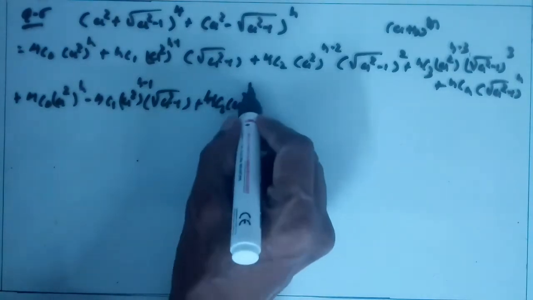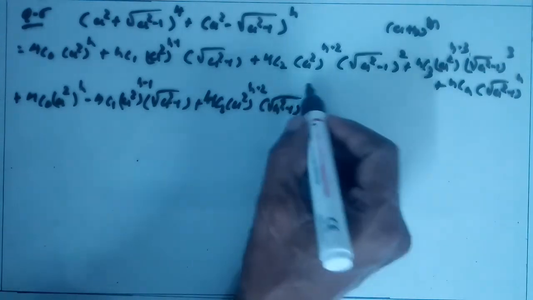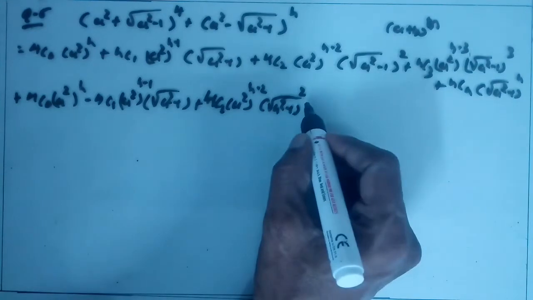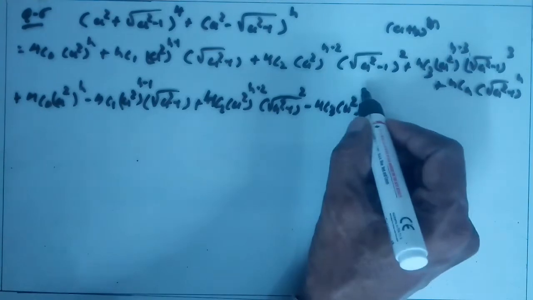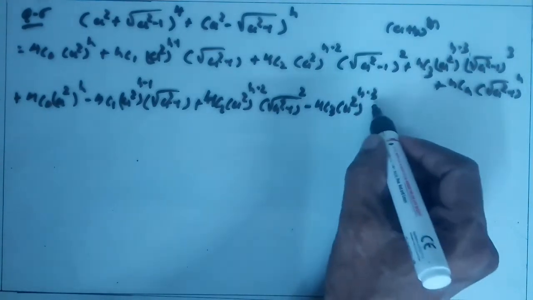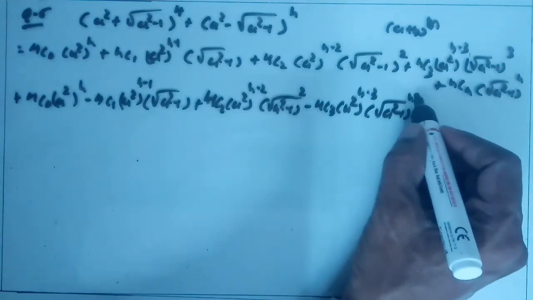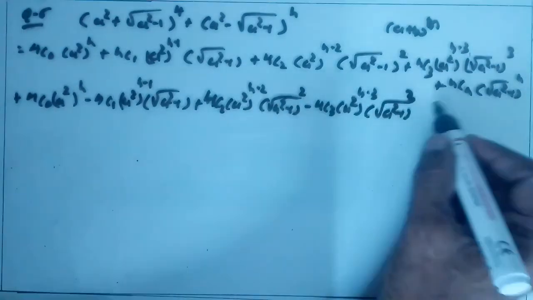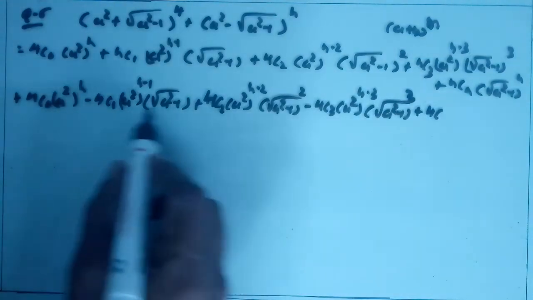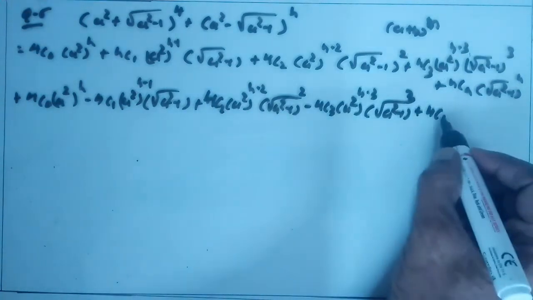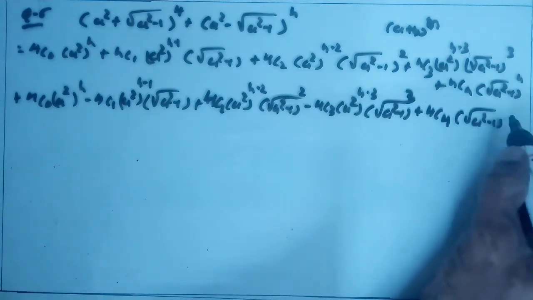Plus 4C2 (x²)⁴⁻² (√(x² − 1))², minus 4C3 (x²)⁴⁻³ (x² − 1)³ directly, plus 4C4, the last term, (√(x² − 1))⁴.